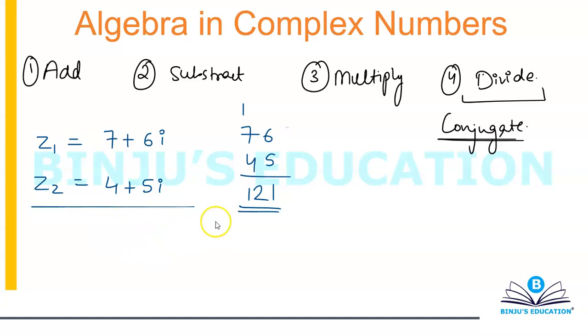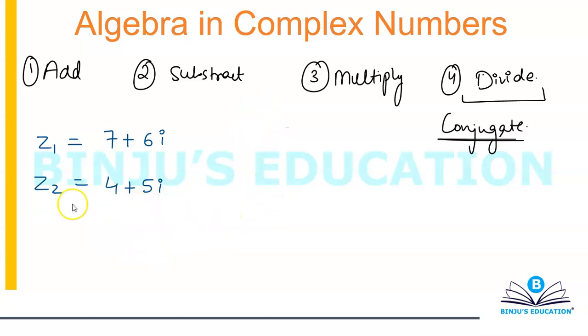Let's take a bit more difficult example also, so that things become a bit more clear to you. So 14 plus 18 iota and 23 iota and 10. For example, if these are the two complex numbers.